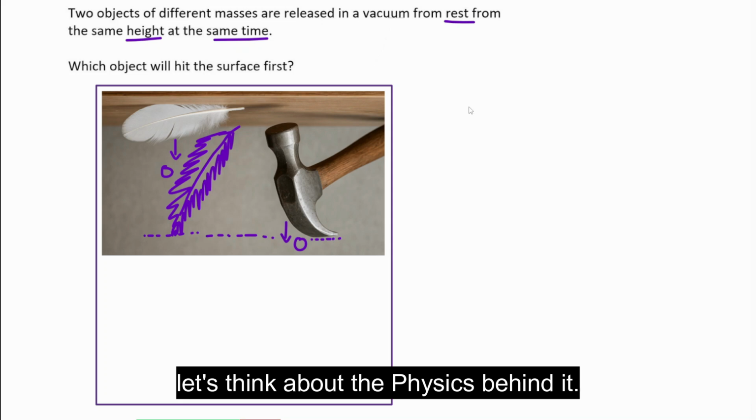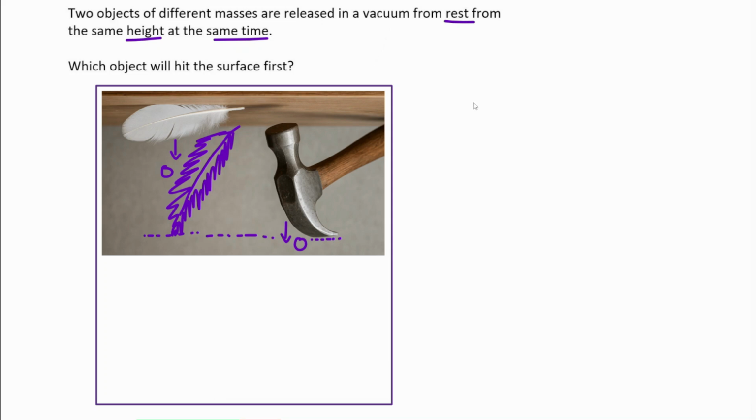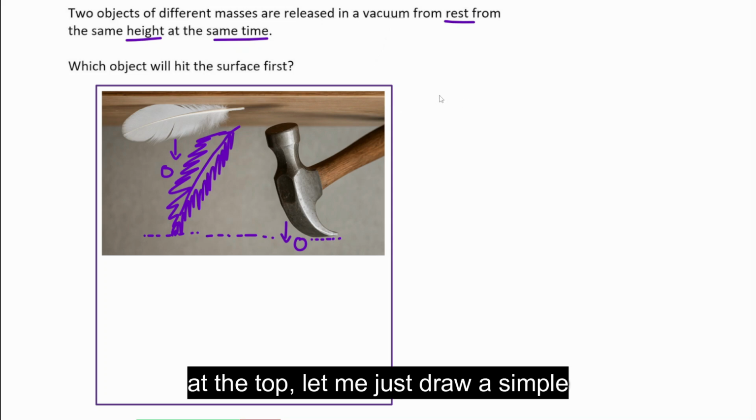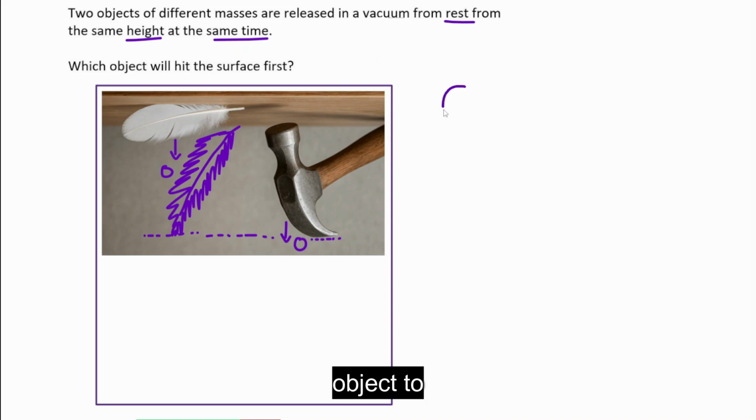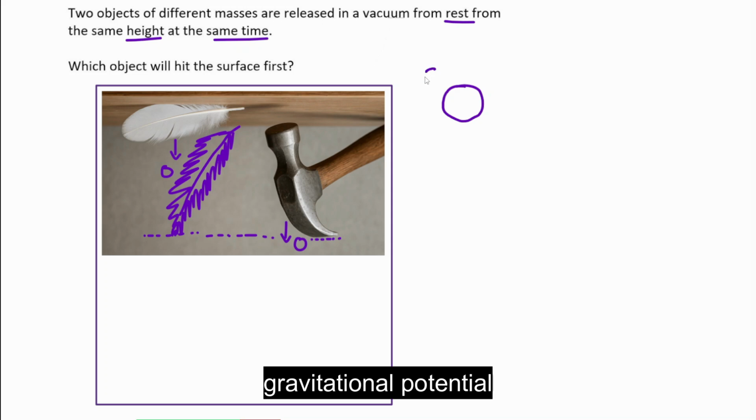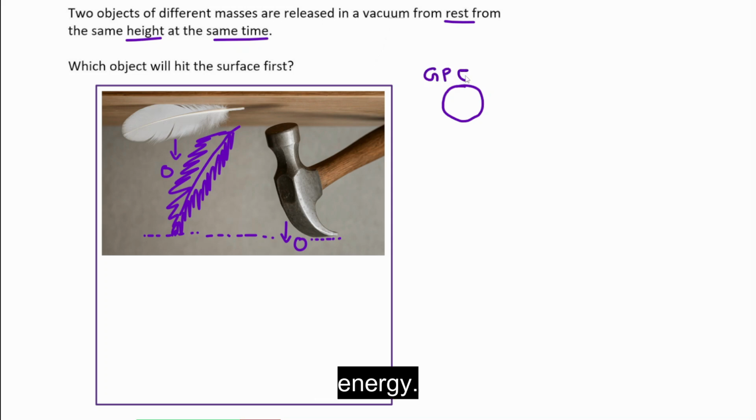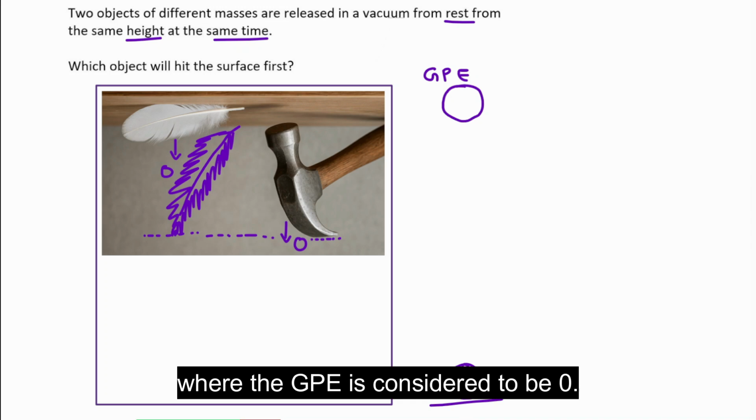Now let's think about the physics behind it. At the top, let me just draw a simple object to explain this one. At the top, this object has gravitational potential energy. Now when it hits here, it is at the ground level where the GPE is considered to be 0.